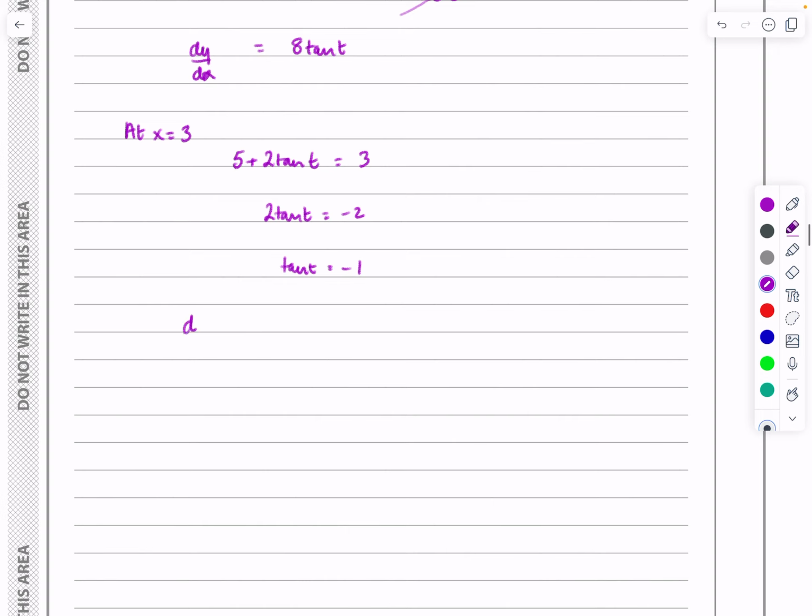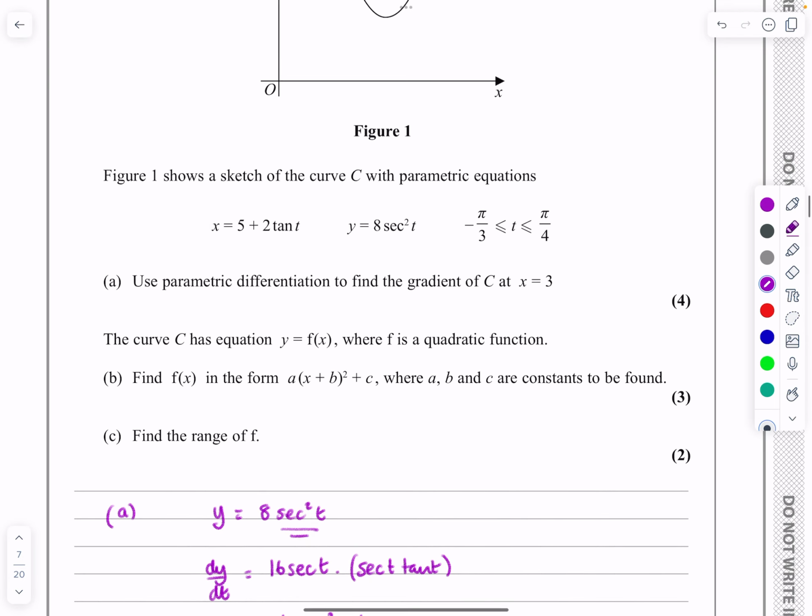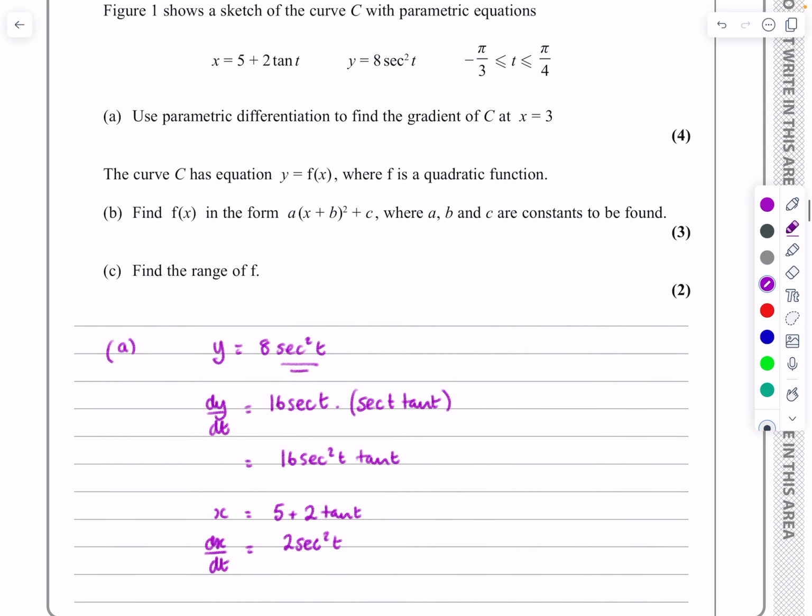So dy by dx then is going to be 8 lots of minus 1. That's all been designed very nicely, hasn't it, to give me a value of minus 8. So just go back and check the question. It said find the gradient at x equals 3, and we've done exactly that then. We've found the gradient at x equals 3.